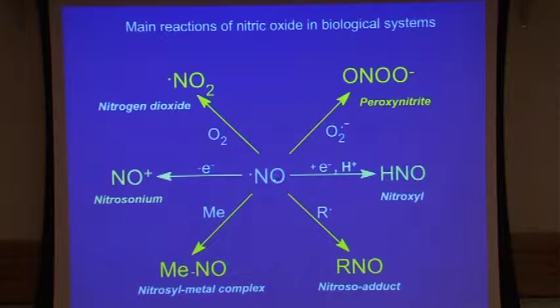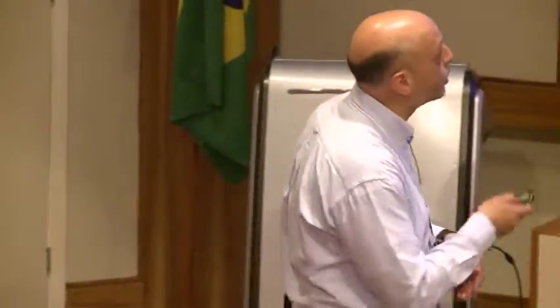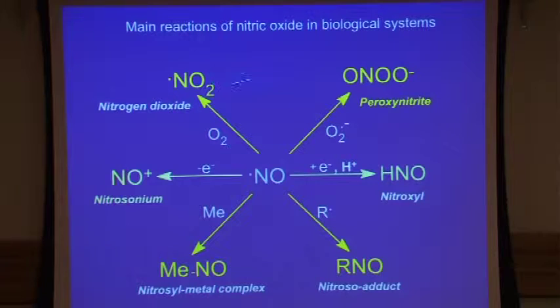Nitric oxide can evolve to species with nitrosating capacity, such as nitrosonium-like, and then nitric oxide can react with radicals leading to the formation of nitroso adducts, or with metal centers leading to the formation of nitrosyl metal complexes. So from nitric oxide, you can form a variety of secondary species that can also participate in protein oxidation, most notably nitrogen dioxide, peroxynitrite, and nitrosonium.